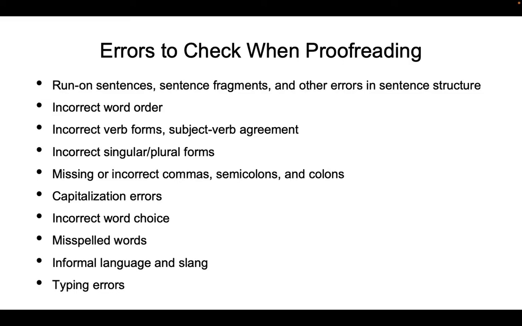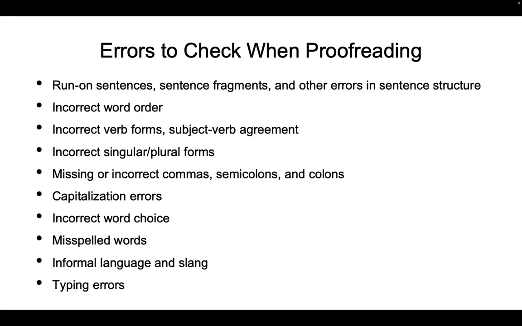Incorrect word order, especially for questions and subordinate clauses. Incorrect verb forms and subject-verb agreement, such as "studies shows" instead of "studies show." Incorrect singular and plural forms, such as "this articles" instead of "these articles."